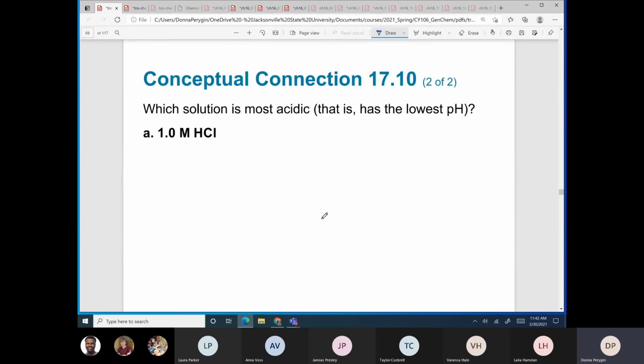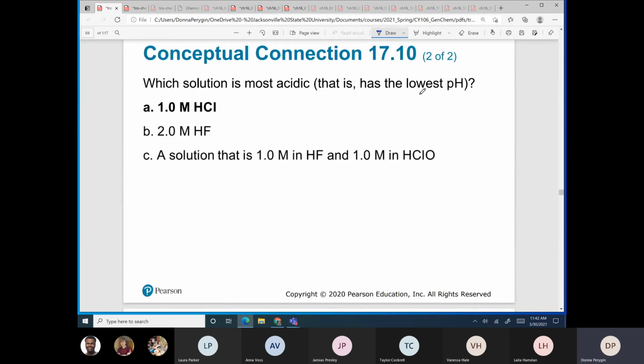So which solution is most acidic? That is, has the lowest pH. 1 molar HCl, or 2 molar HF, or a solution that is 1 molar in HF and 1 molar in hypochlorous acid, which is another weak acid. So the 1 molar HCl is more acidic and has a lower pH.